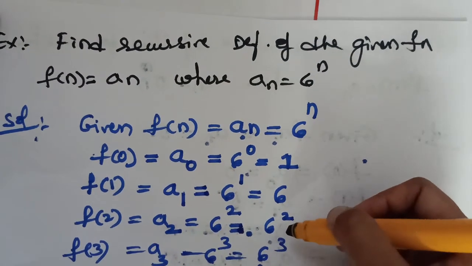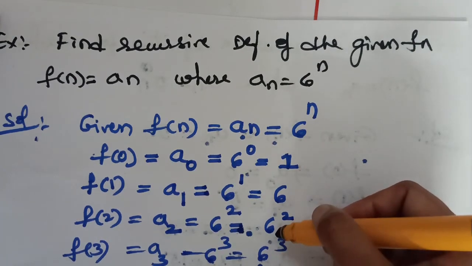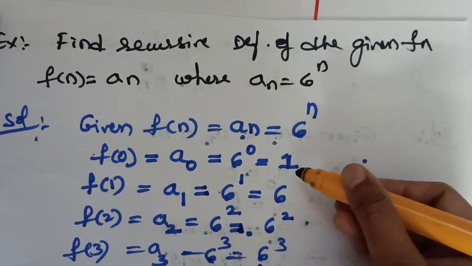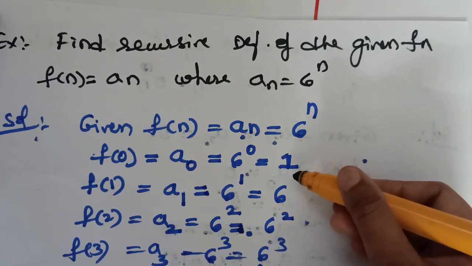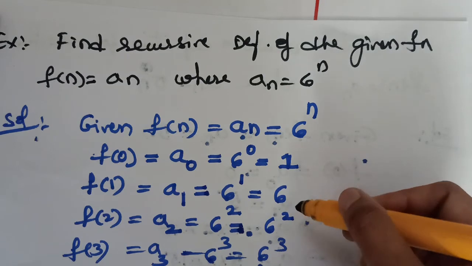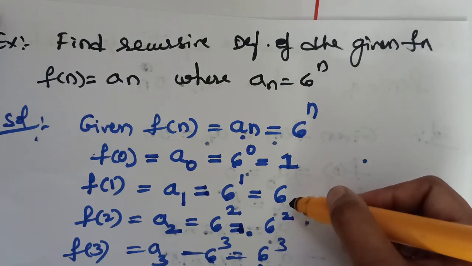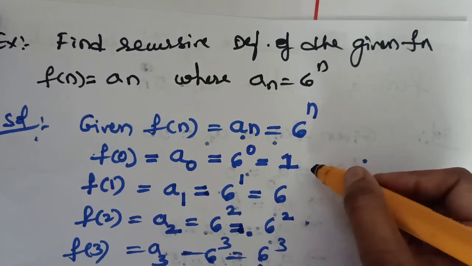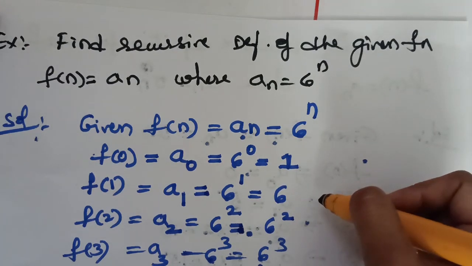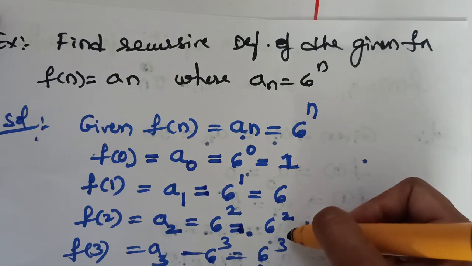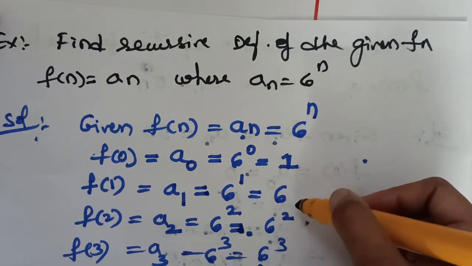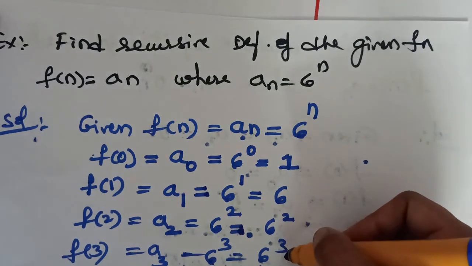If you look at these terms, f of 3, f of 2, f of 1 and f of 0, when a0 is 1, how can we find out the a1, a2, a3 values? Okay, a1 can be calculated by multiplying 1 into 6. Similarly, a2 can be multiplied again with 6. a3 we can multiply again with 6.